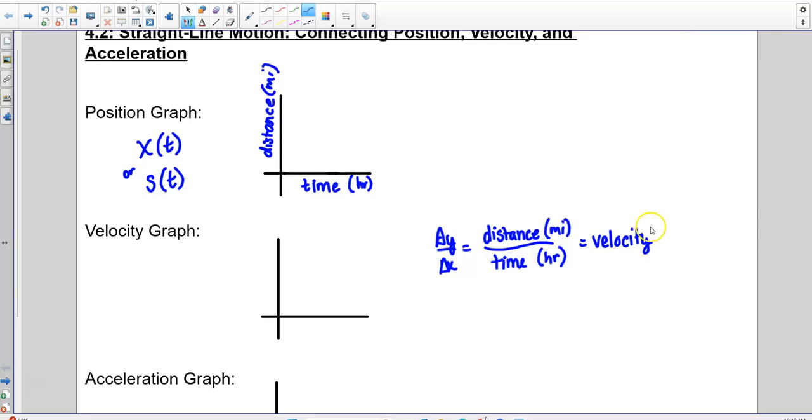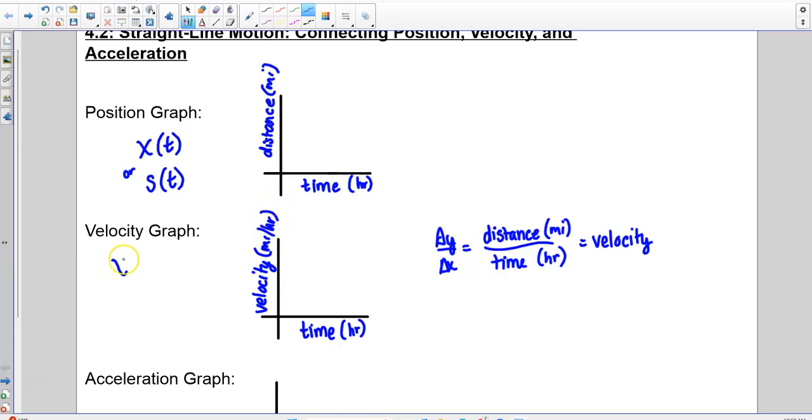So velocity here, your x-axis is still time in hours, but your y-axis now is velocity in miles per hour. Right?